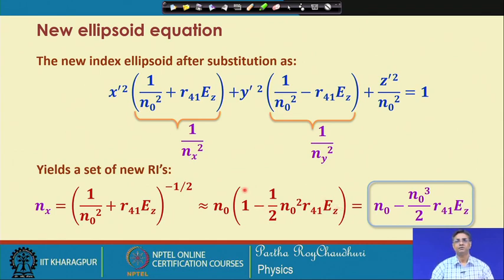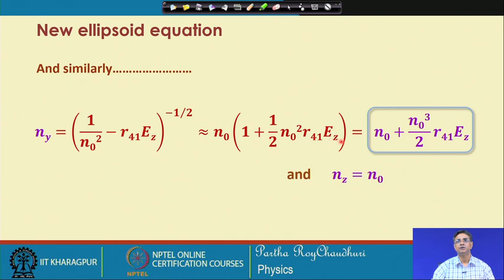So, this gives the value of n x, which is equal to n 0 minus n 0 cube by 2 r 41 E z. So, this is for n x, and similarly for n y we can calculate, which will be n 0 plus n 0 cube by 2 r 41 E z, and n z remains n 0 itself.